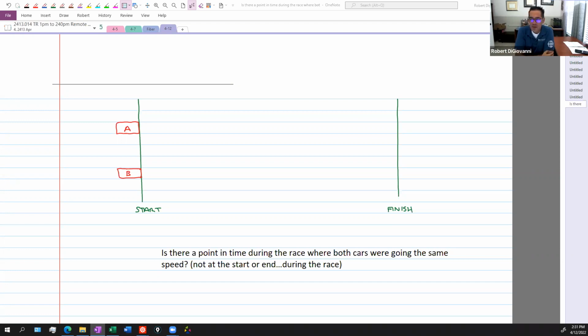Ninety percent of you think that there is some point in time where both cars are going the same speed. And then 11% say, nope, there's not. So let me start with the overwhelming majority of you who said yes. Justify it. Explain to me why.